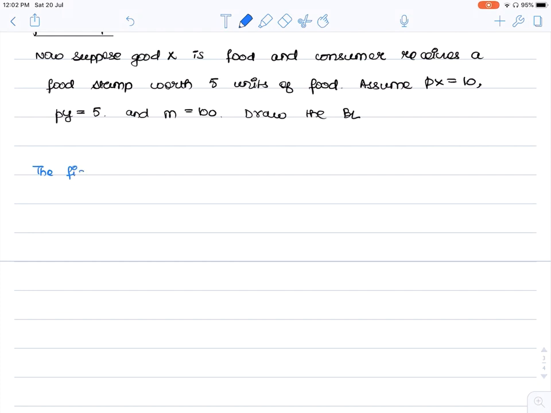The payment is going to start only after the 5 units. So you need to think about what will happen to the horizontal intercept. If food is on the horizontal axis, what will happen to the horizontal intercept?